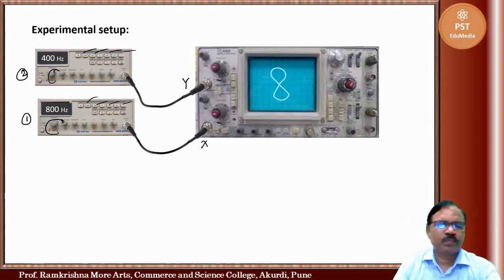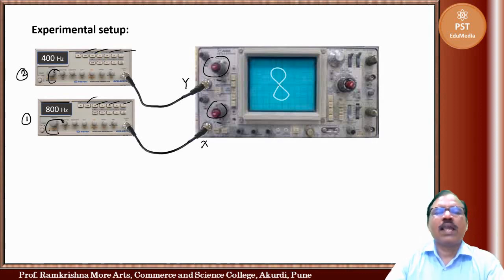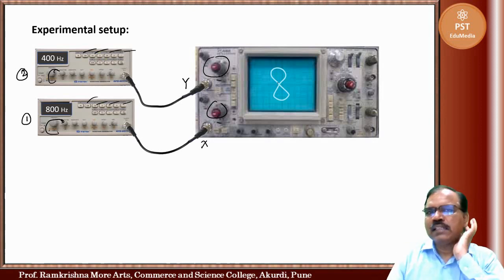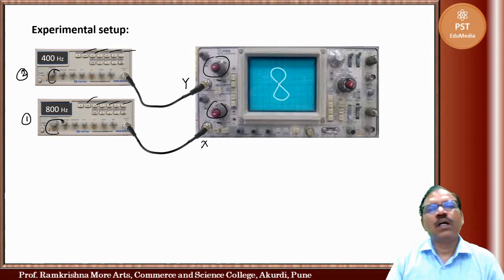And here, using these knobs, you will set the scale along the X axis and along the Y axis. So this is a simple experimental setup used to demonstrate Lissajous figures.